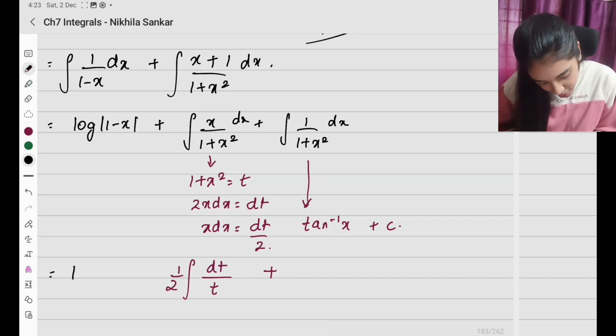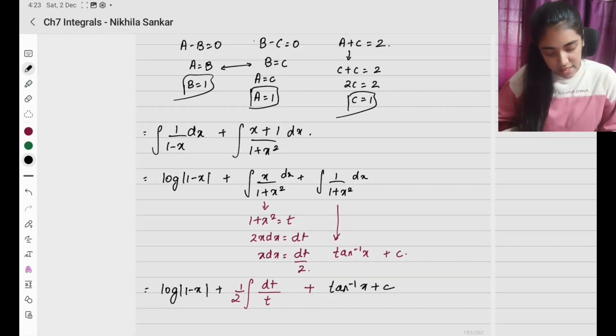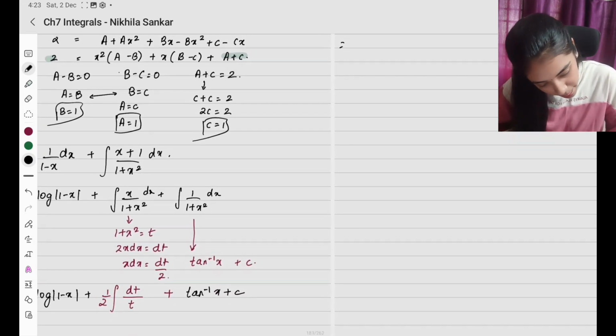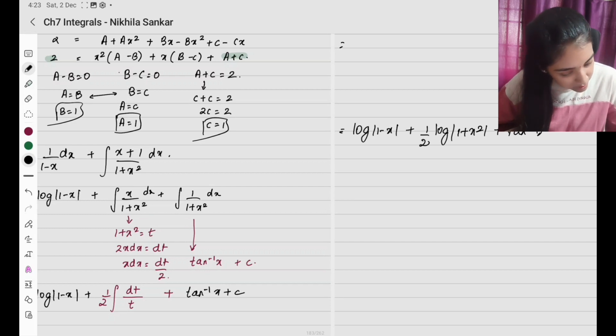Here I have log mod (1 minus x) plus half dt by t plus tan inverse of x plus c. So dt by t to simplify, I'll write it here: log mod (1 minus x) plus half dt divided by t, which is going to be log mod t. So what is my t? 1 plus x square.